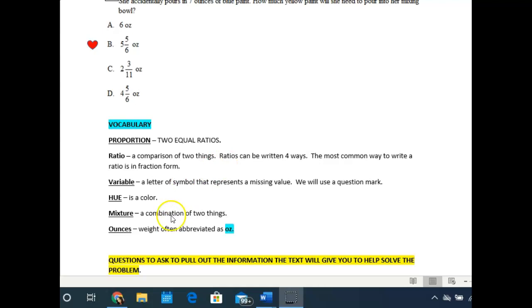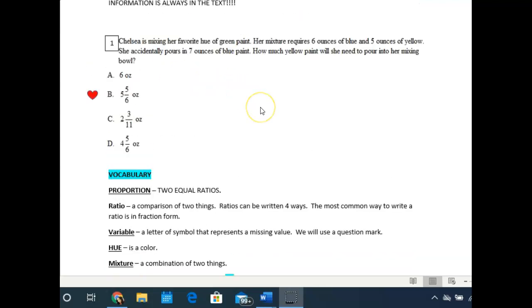May or may not be. Ounces. Ounces is the weight. It's often abbreviated with OZ, as you see in the multiple choice. Many times, if we haven't been introduced to measurement, we might be unfamiliar with those abbreviations. So it's very important for us to do that. All right, so let's get into this.